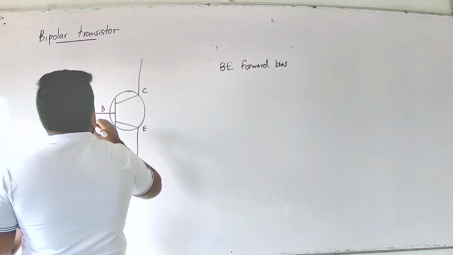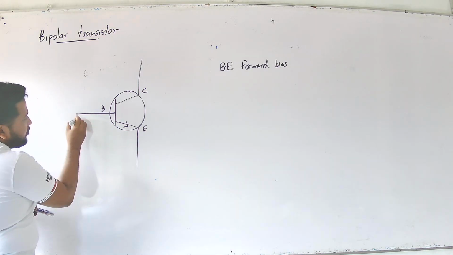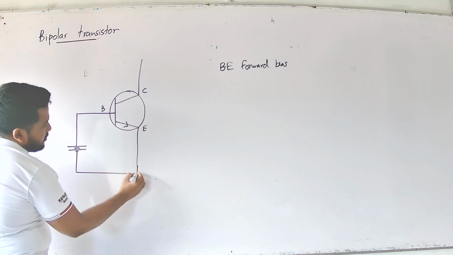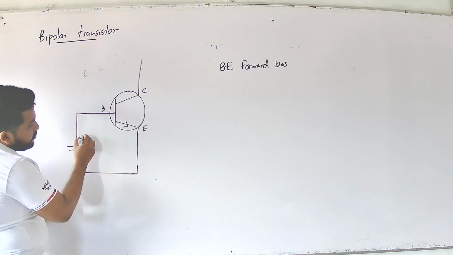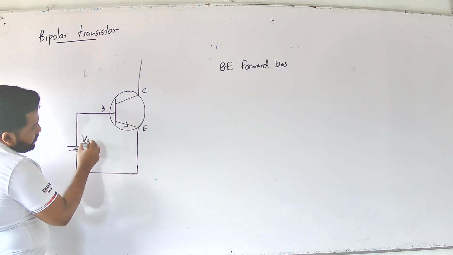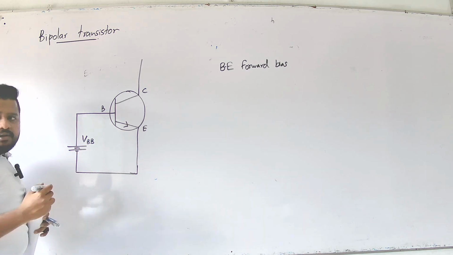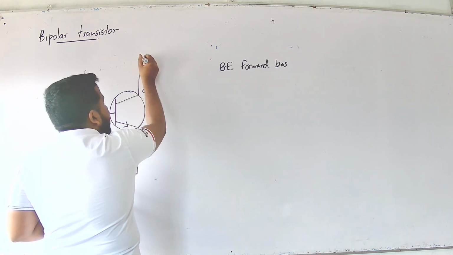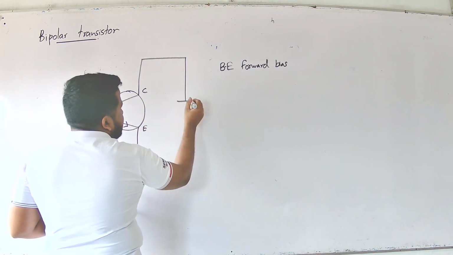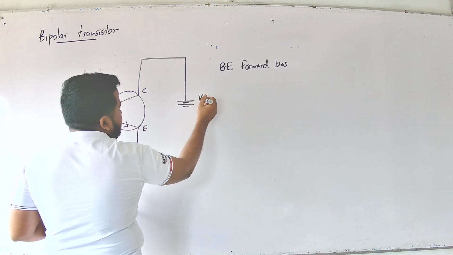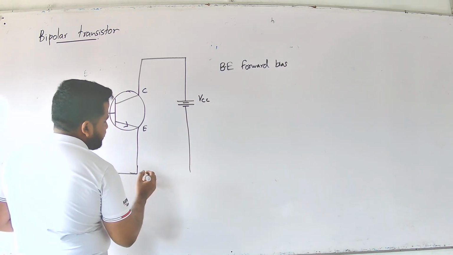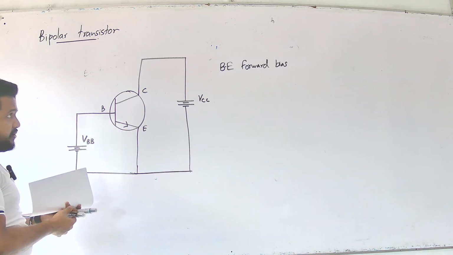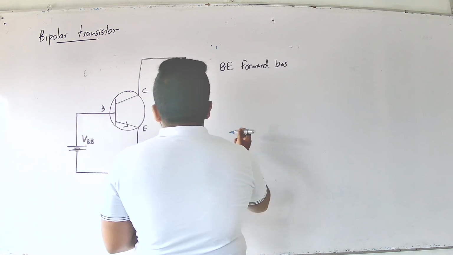So how can we forward bias this one? We need to use some kind of voltage. This voltage we call VBB, the supply of the base, right? And we use another voltage source called VCC to reverse bias the BC junction.